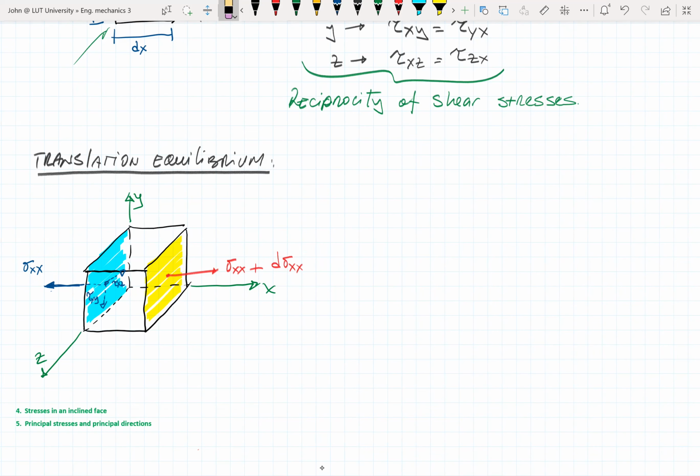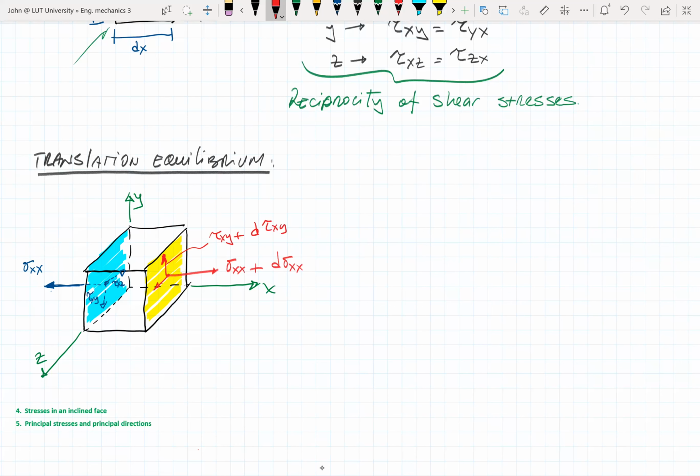In the case of the shear stresses, it's going to happen the same. This shear stress is going to be tau xy plus a differential, a little bit more, something called d tau xy.